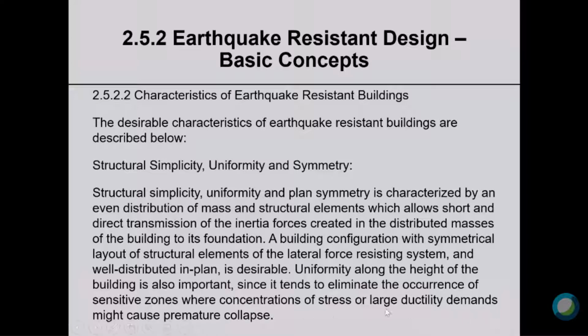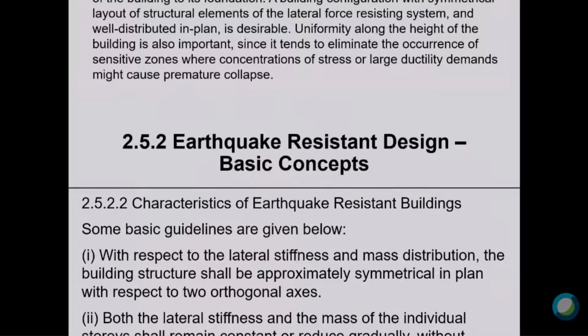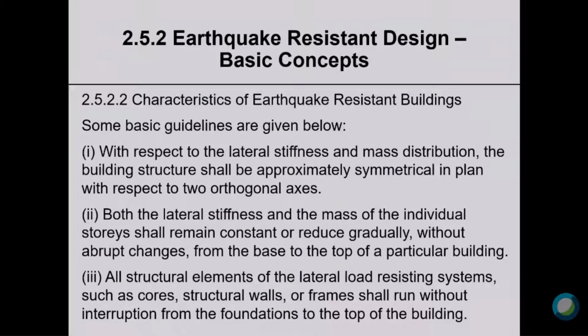Very, very good things are said. So characteristics of earthquake-resistant buildings. Some basic guidelines are given below. These are guidelines. These are not requirements. With respect to lateral stiffness and mass distribution, the building structure shall be approximately symmetrical in plan with respect to two orthogonal axes.